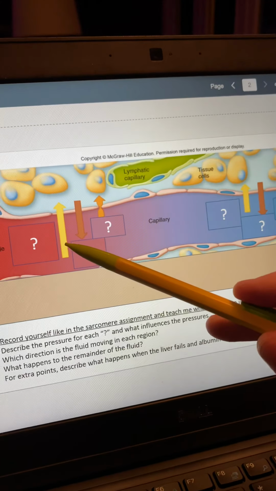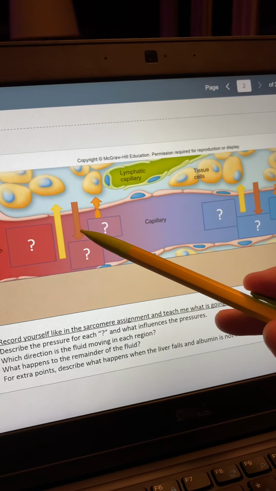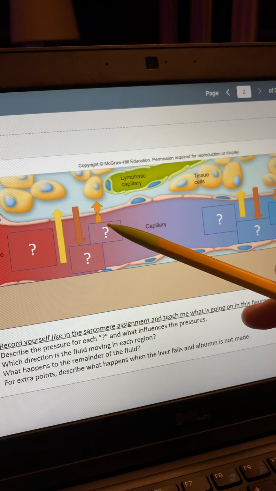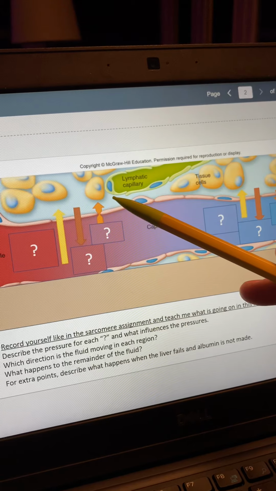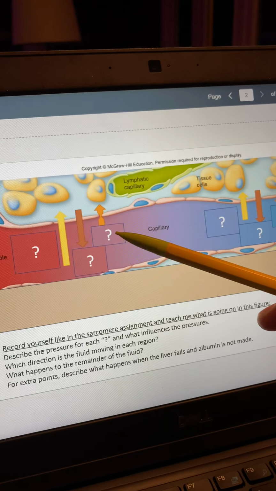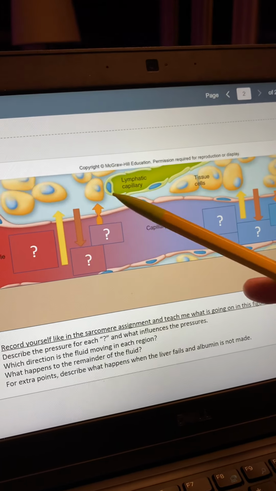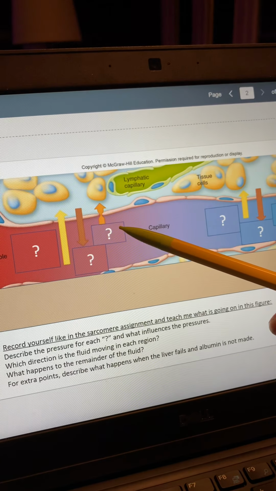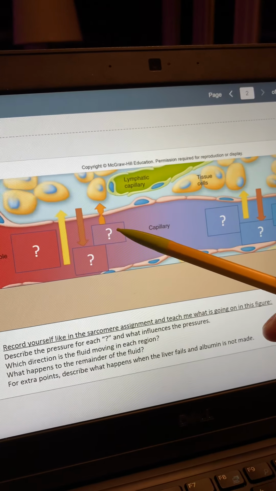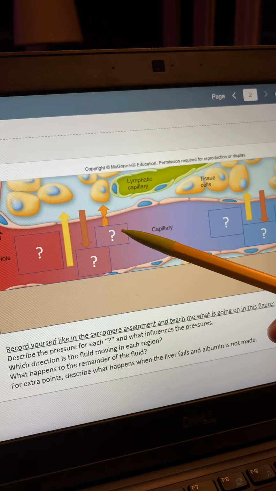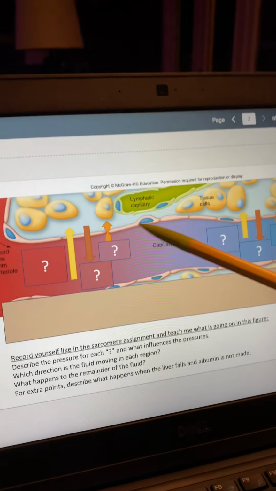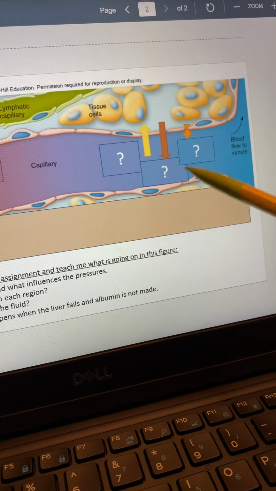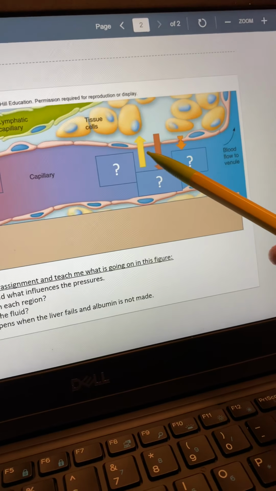Because the hydrostatic pressure is greater than the osmotic pressure, the net movement of water is going to be into the interstitial fluid. That's 11 millimeters of mercury.